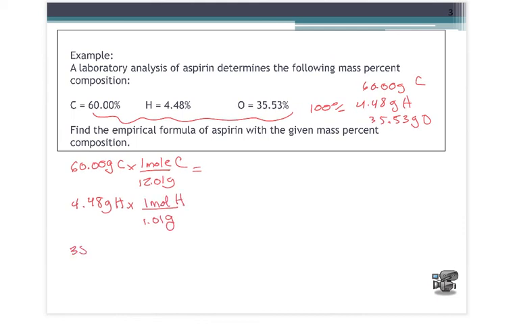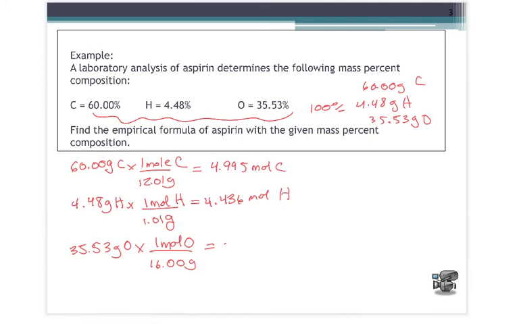And we have 35.53 grams of oxygen, and there's 16.00 grams of oxygen for every 1 mole of oxygen. Now we plug this into our calculator, and we end up with 4.995 moles of carbon, 4.436 moles of hydrogen, and 2.221 moles of oxygen.